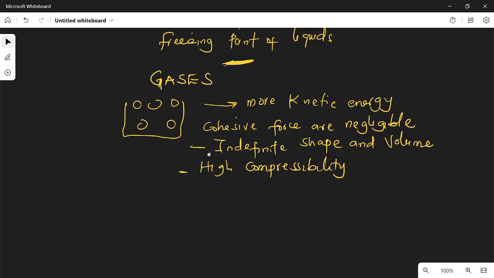A good example is your carbonated drink. When you open your Pepsi, your Coca-Cola, your Fanta, there is a gas that is evolved. We call the gas CO2, which gives it a tingling taste. How did the CO2 get there? The reason is that they forced the gas to occupy that particular place.